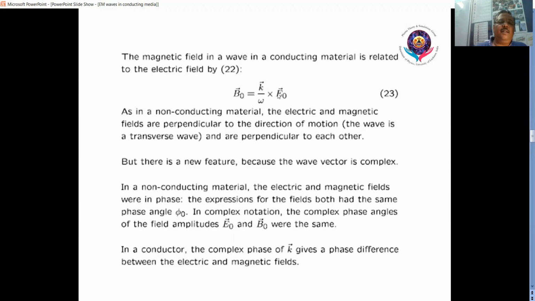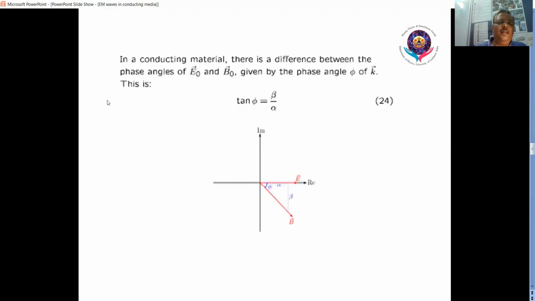So we can see that in a conducting medium, the electric and magnetic vectors are perpendicular to each other, but there is a phase difference between the two. In a non-conducting medium, there was no phase difference. And here the phase difference is given by the ratio of the imaginary to the real part of the propagation vector.